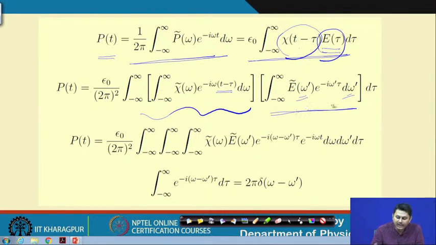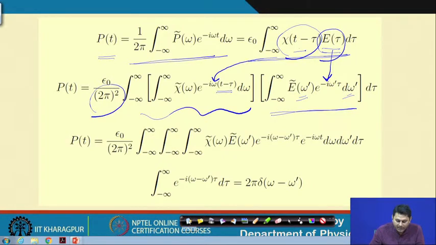So, I put the Fourier transform components here and here, the entire thing is the same, and because of these two Fourier transforms, I have 1 by 2 pi for both cases, that is why the 1 by 2 pi square term is coming: 1 by 2 pi multiplied by 1 by 2 pi.